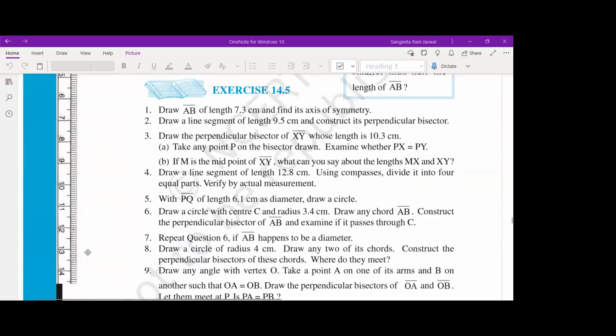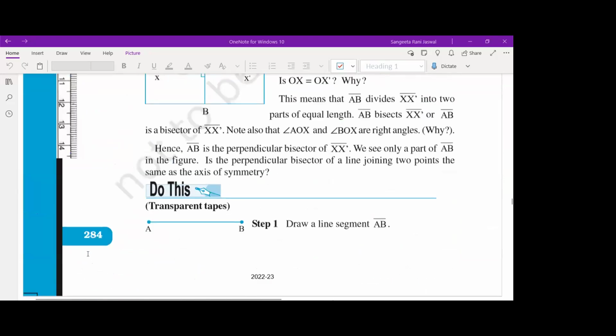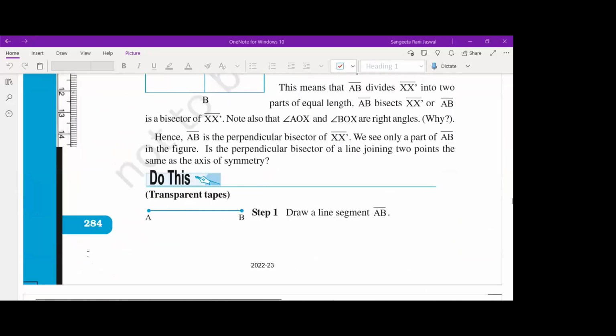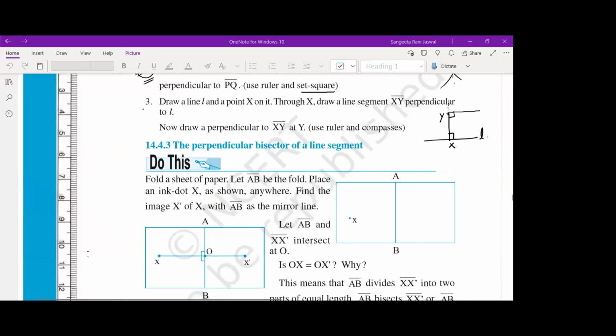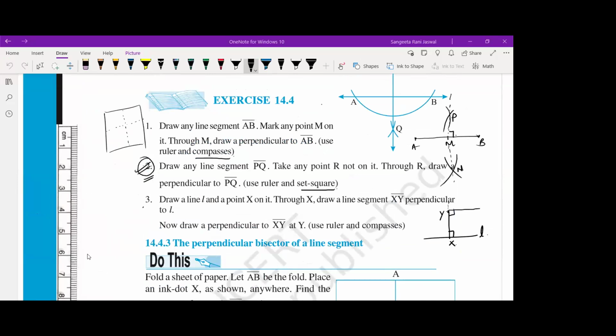Now see, today we are doing how to make perpendicular bisectors. Perpendicular we already did in the previous class, and today you will be doing perpendicular bisector. Perpendicular means that makes a 90-degree angle. Bisector means equal parts.